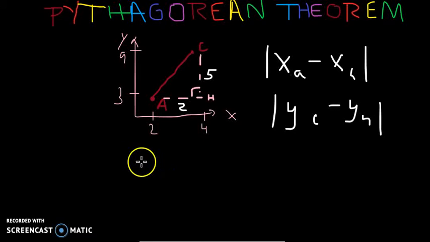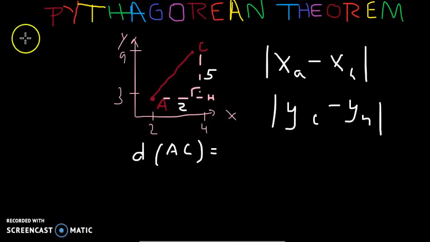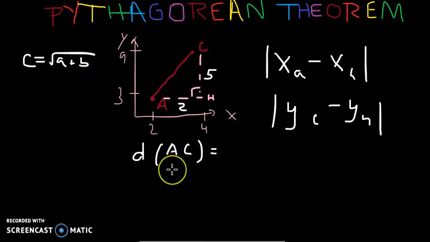Well, since we know the relationship between these 3 sides, we can say that the distance between A and C equals, and one thing I do want to point out before I keep doing this, so if we say a squared plus b squared equals c squared, then we know c must equal the square root of a squared plus b squared. Because if we square root both sides, then we can get c all by itself.